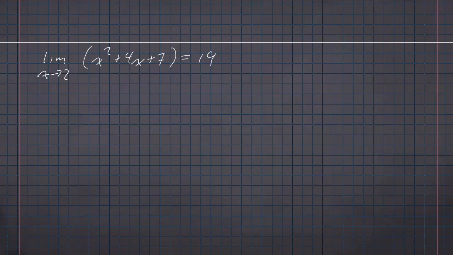The limit as x approaches 2 of x squared plus 4x plus 7 is equal to 19.